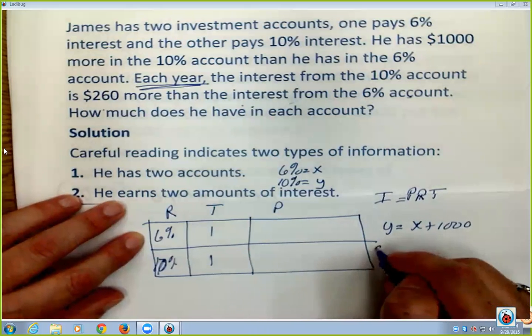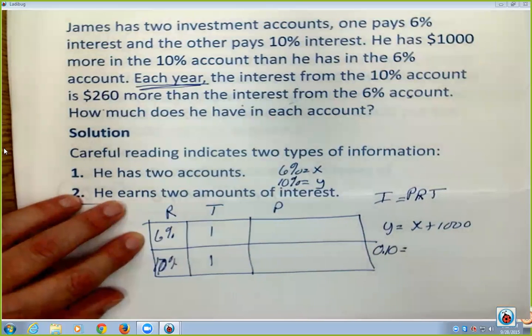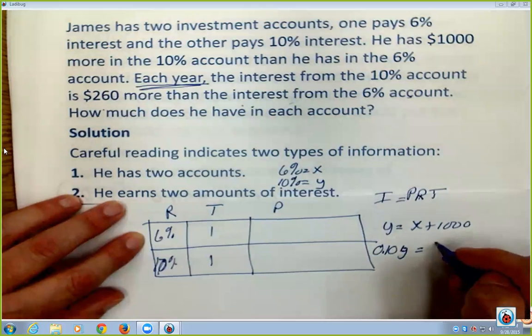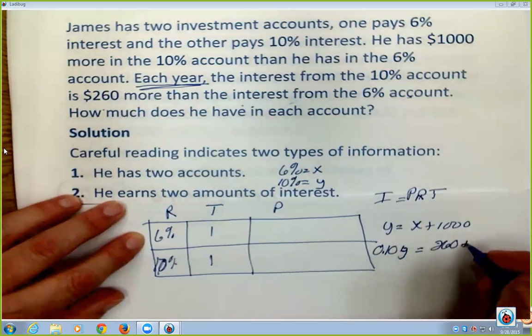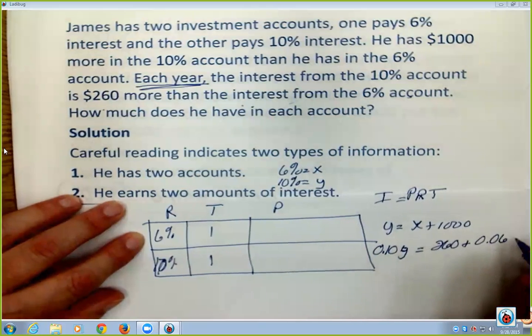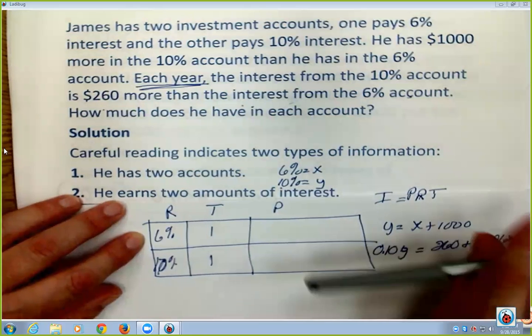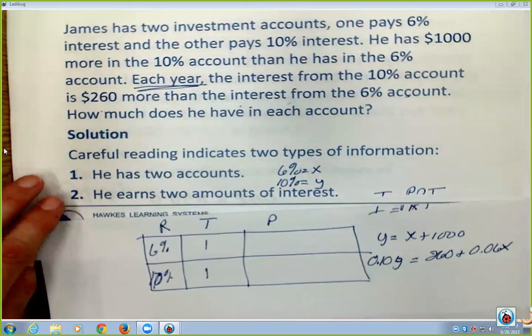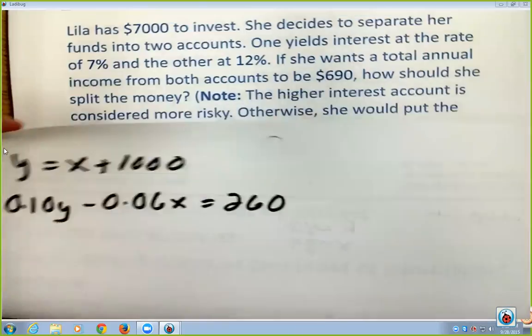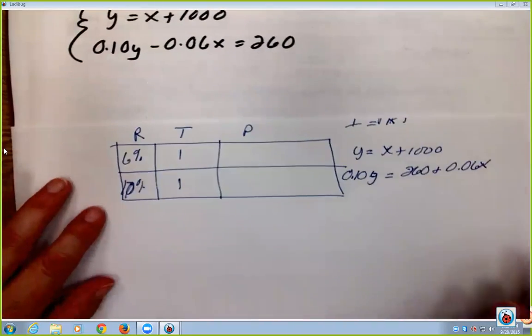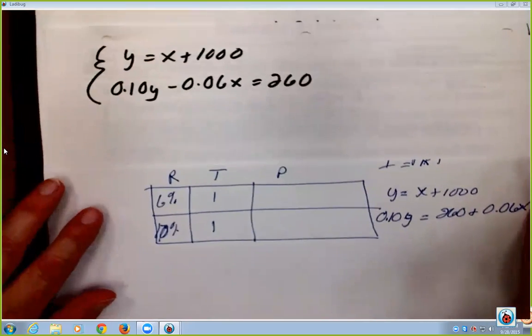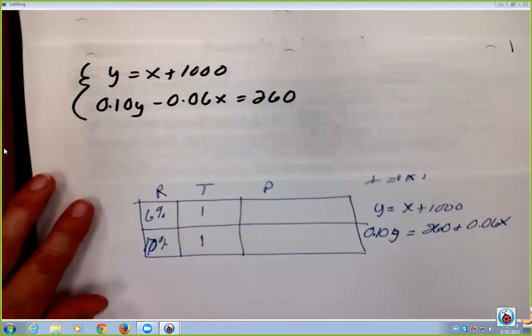So his 10%, which is Y, his interest from it is $260 more than the 6% account that he happens to have. So we end up with our 2 separate equations out of this one. This one has a tendency to be a little bit different than some of the other accounts. And so we end up with this, for instance, and that matches.